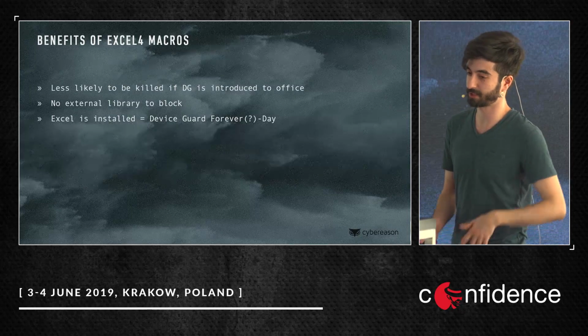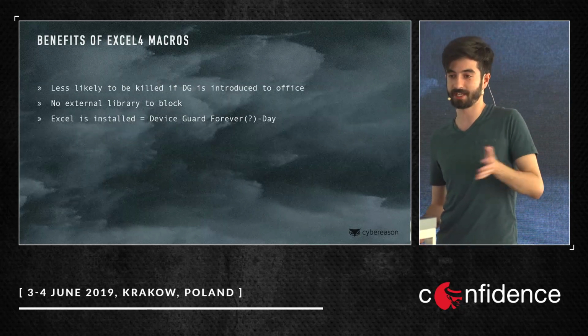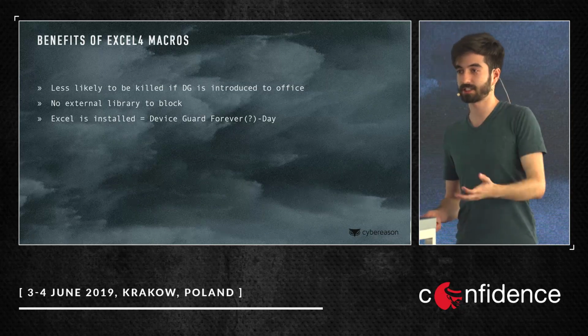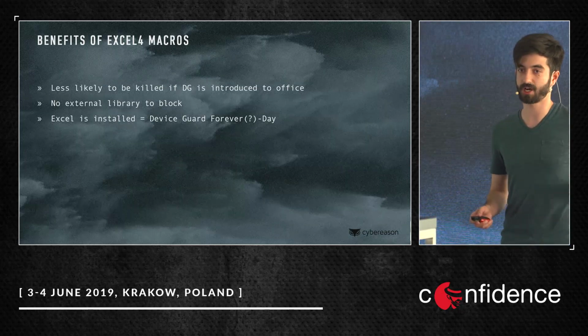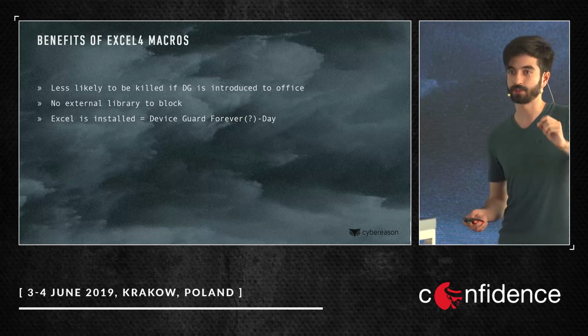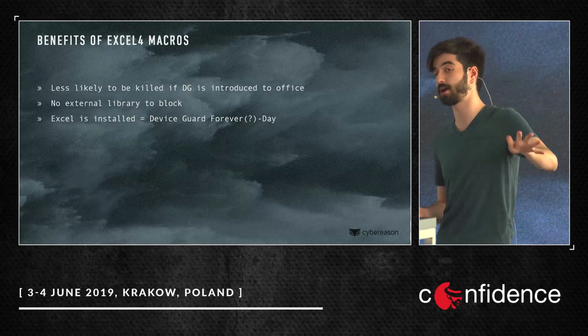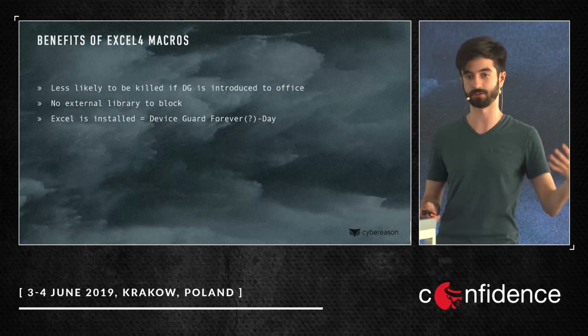Anyway, there's a benefit to Excel 4.0 macros in relation to VBA, because Excel 4.0 macros, as I've said, are implemented inside of excel.exe itself, meaning that you don't have some kind of outside library that you can just block and say, oh, now Excel works and macros do not work.